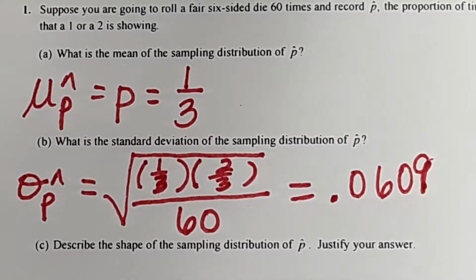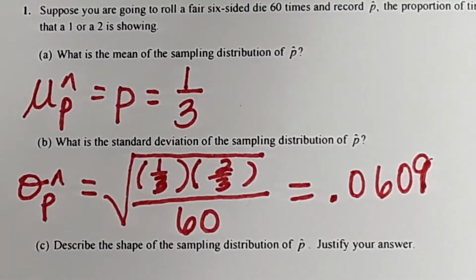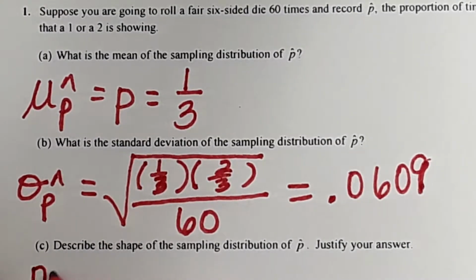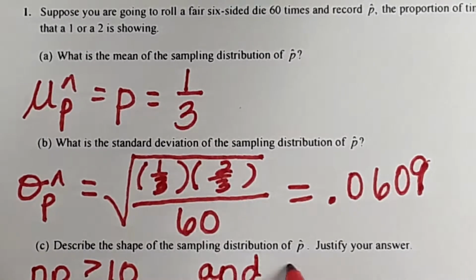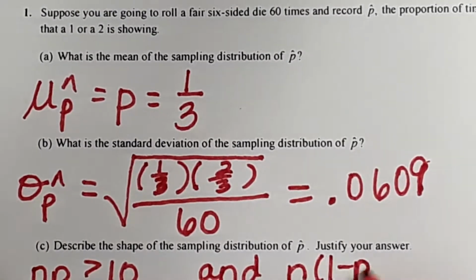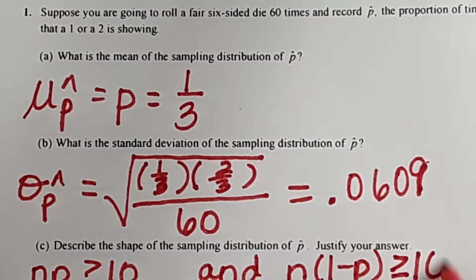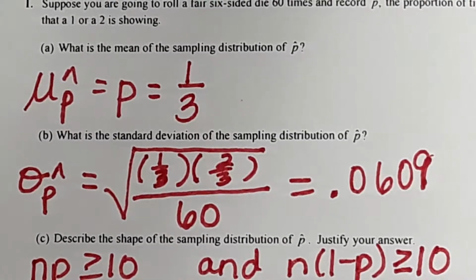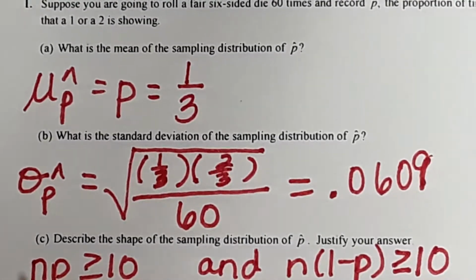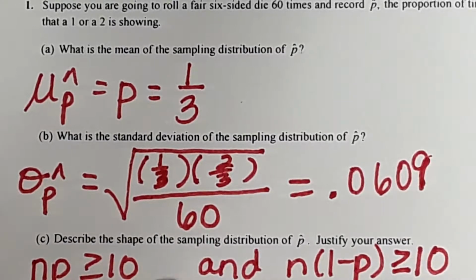Justify your answer. So how do we prove normality for proportions? It is n times p greater than or equal to 10, and n times 1 minus p also greater than or equal to 10. So when it comes to normality, this is how you prove it. CLT is used for means. So what is my n? 60. What is my p? 1/3.